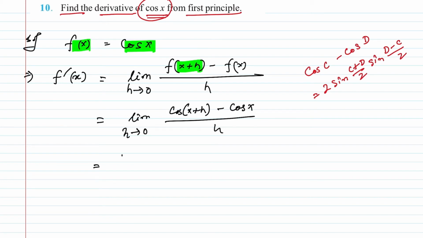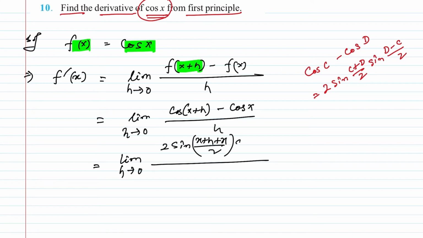If you apply this, we will get 2 sine of (x plus h plus x) by 2, then sine of (x minus x minus h) by 2.